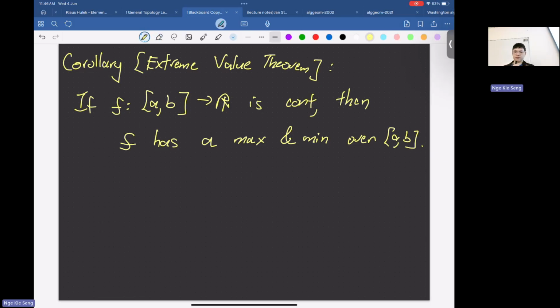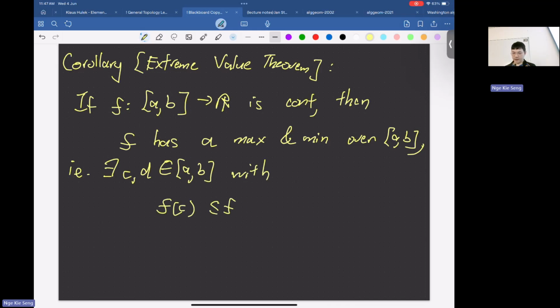In general R^n, it is a closed and bounded set. So let's look at this statement. It says that there exists some point inside this domain such that f(c) is the minimum and f(d) is the maximum.